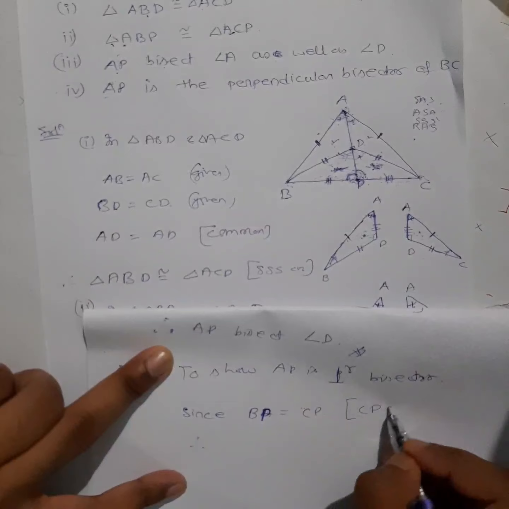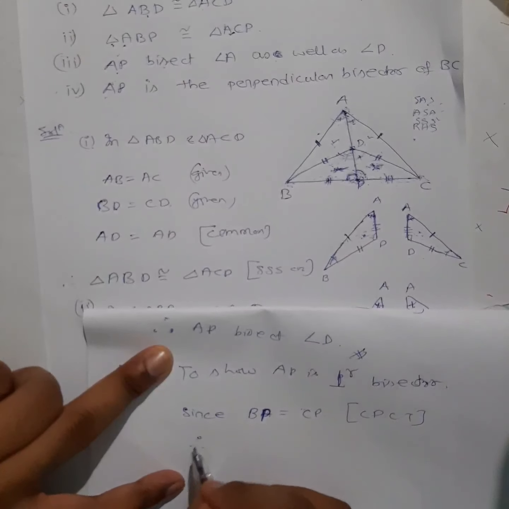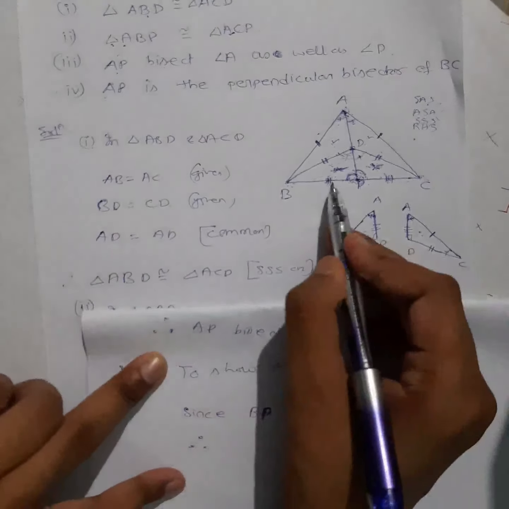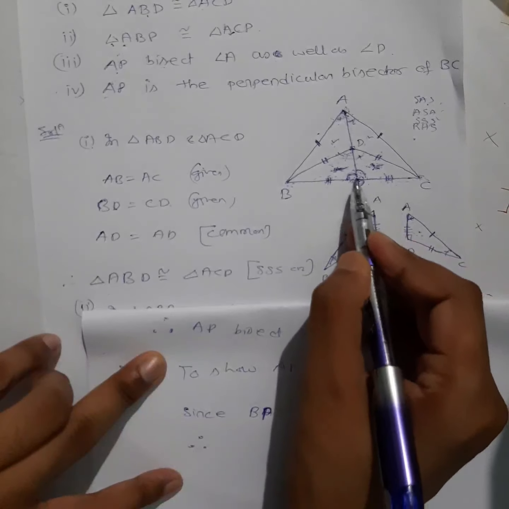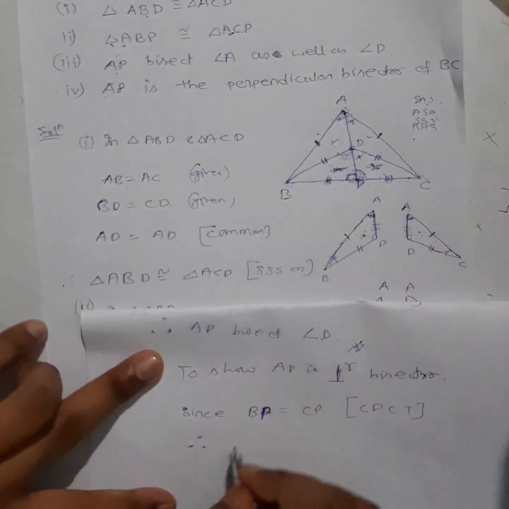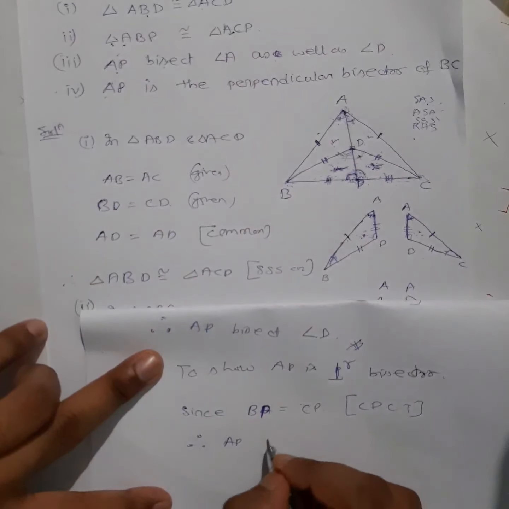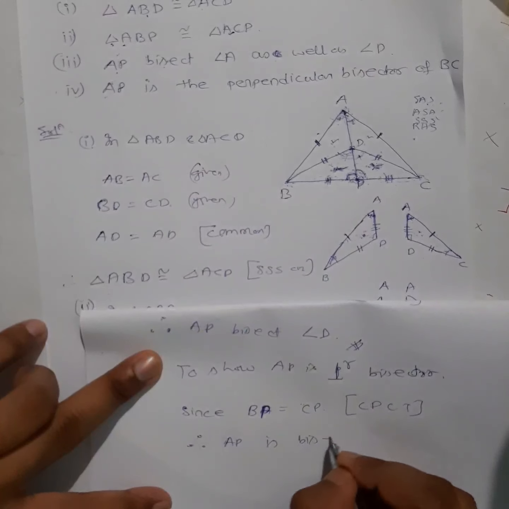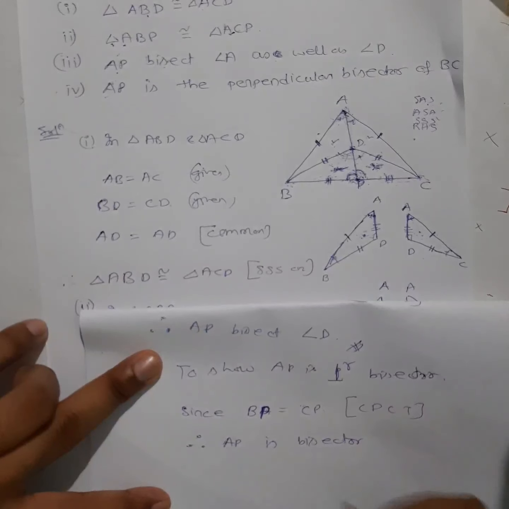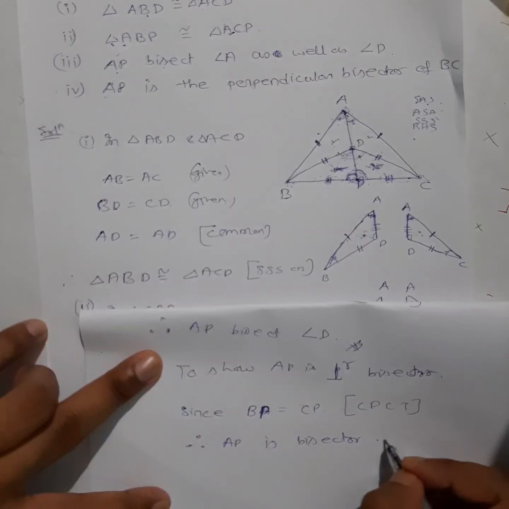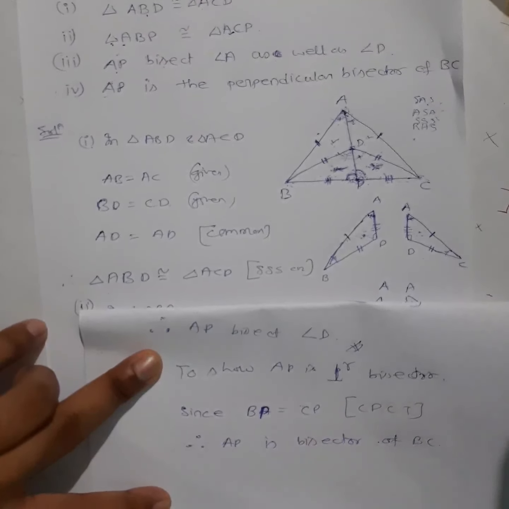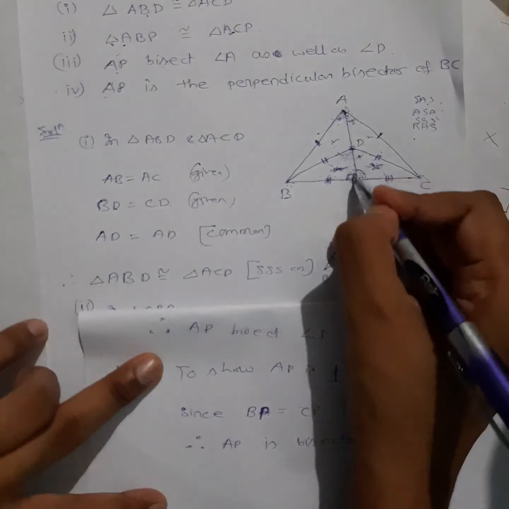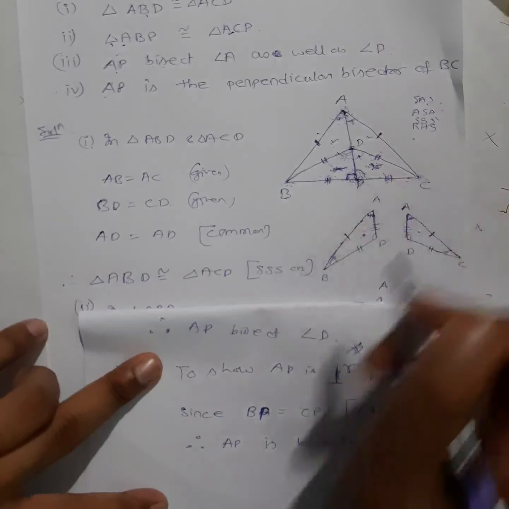This is CPCT, corresponding part of congruent triangle, right? Since these two sides are same, that's why can I say AP is bisector of BC. Therefore AP is bisector. So bisector I have already proved. Now I have to prove only perpendicular, bisector of BC. Okay, next I have to prove that this line is perpendicular.